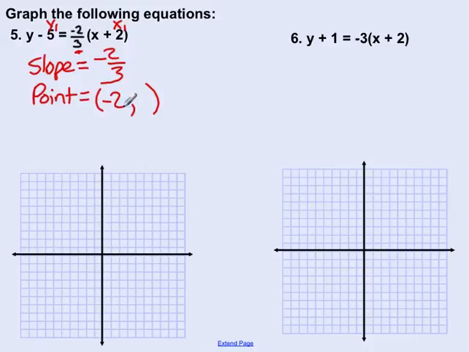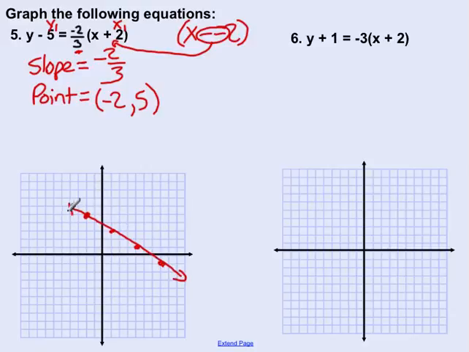It's going to have to be a negative 2, because when you put it into the formula, you would end up putting it in like this, x minus a negative 2, and those two negatives would become that positive that you see over here. So that's why it's a negative 2. And then the y is just a 5. I'm going to find negative 2, 5. Then I'm going to use my slope, which is negative 2/3. I'm going to go down 2 and to the right 3. Connect them for my line. Watch your signs when you're doing these problems.